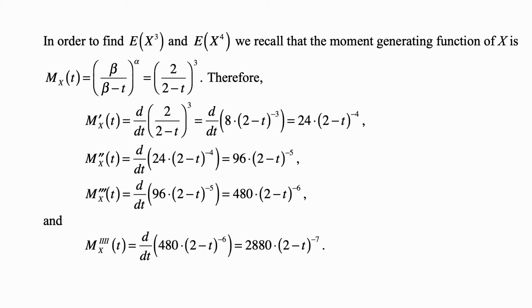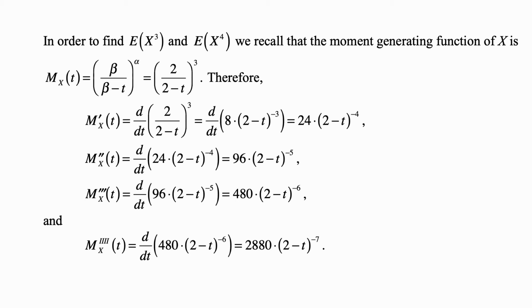In order to find E of X cubed and E of X to the fourth, we recall that the moment-generating function of X is M sub X of t equal to beta over beta minus t, to the power alpha, which is just the power alpha of the MGF of an exponential distribution with hazard rate beta. So this is 2 over 2 minus t, cubed.